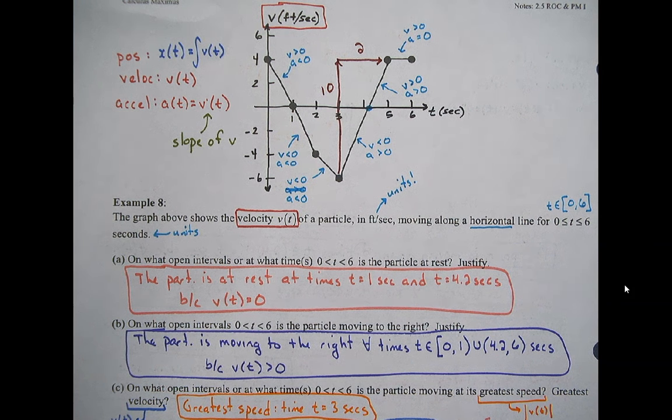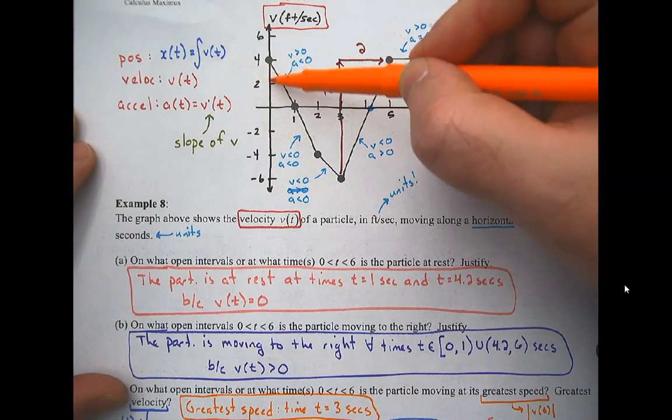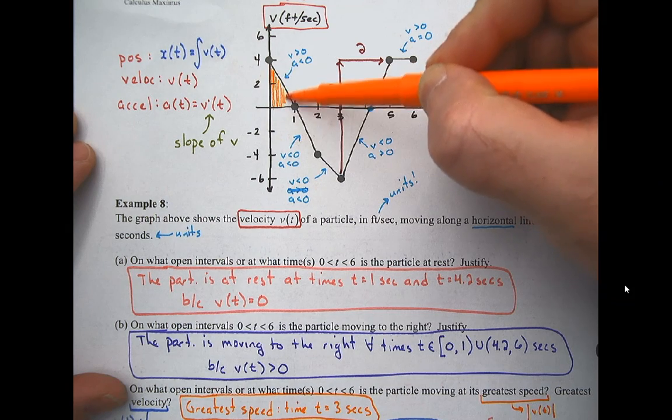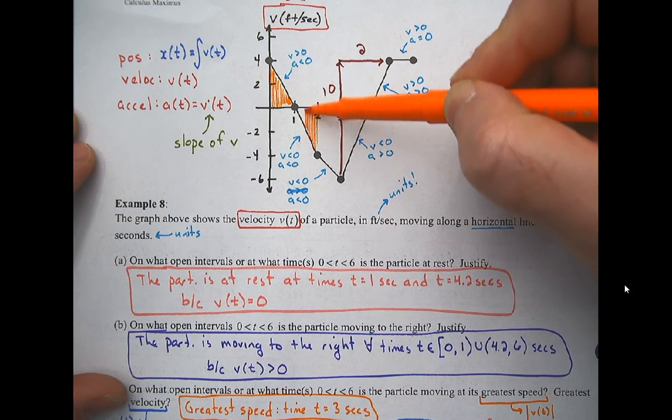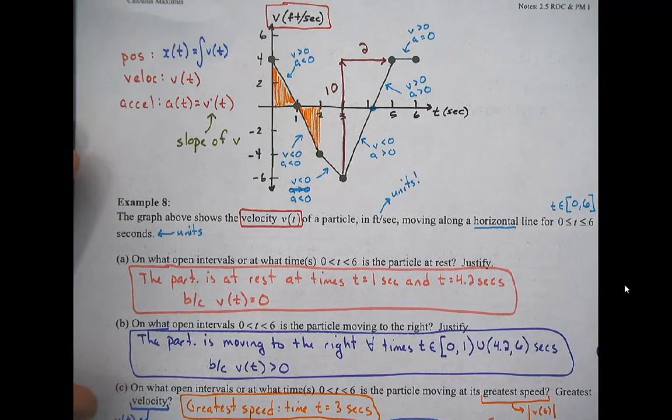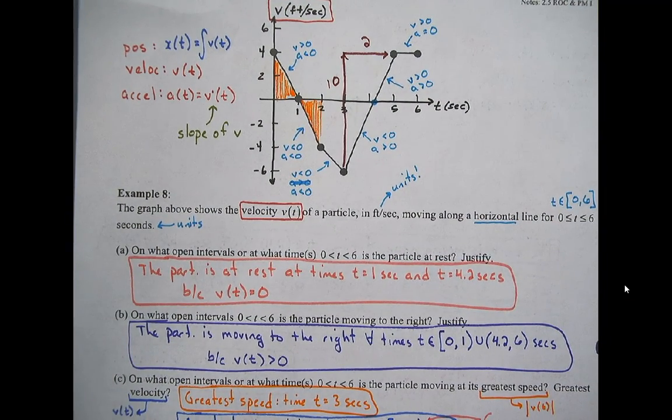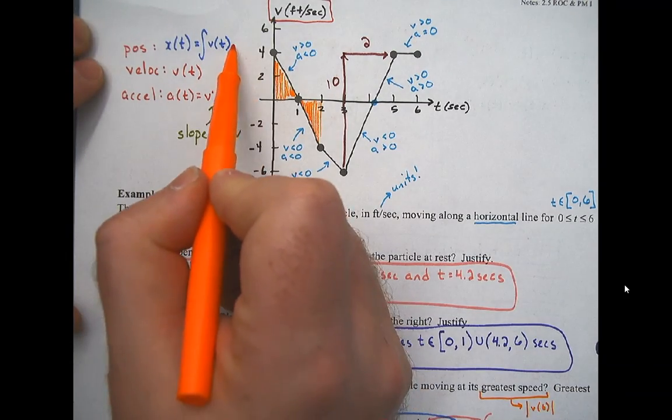Well, it turns out that it's the area under the curve. So if I were to highlight the area under this curve from 0 to 1 second, and I'd add it to the area under the curve from 1 to 2 seconds, if I added that up, that would give me my function's displacement. That's what this means.